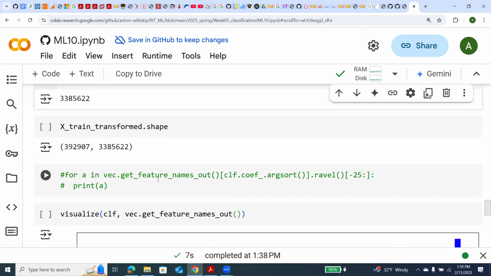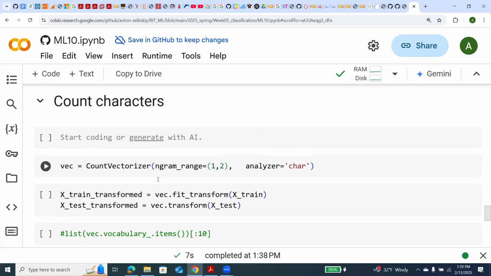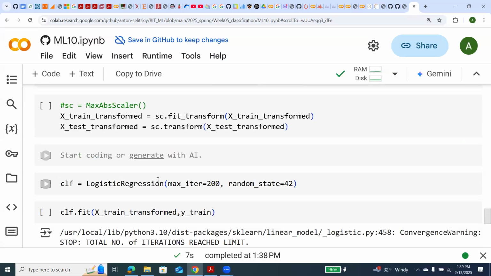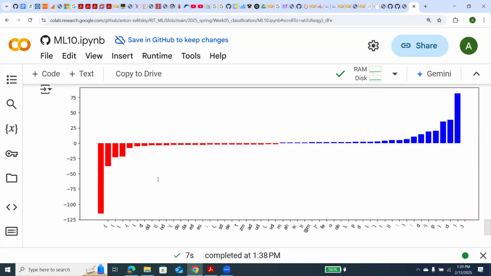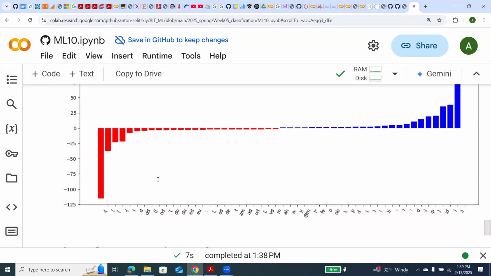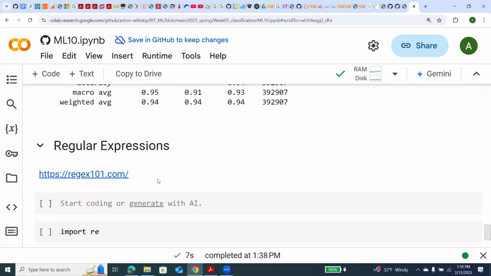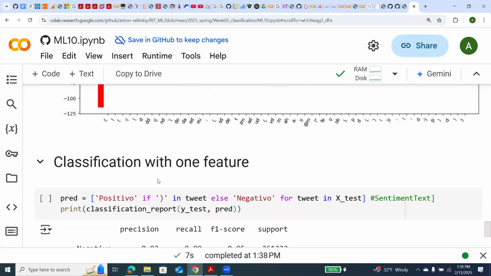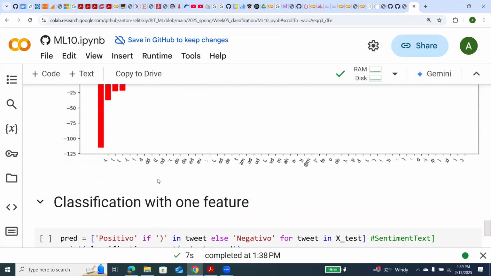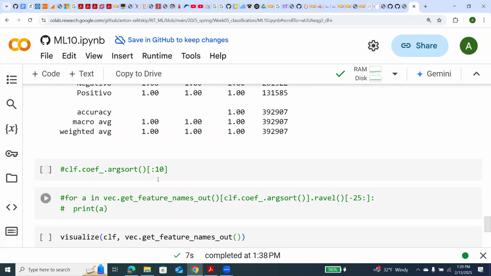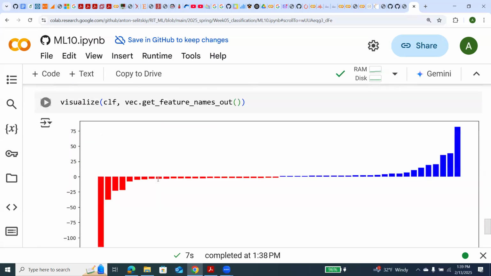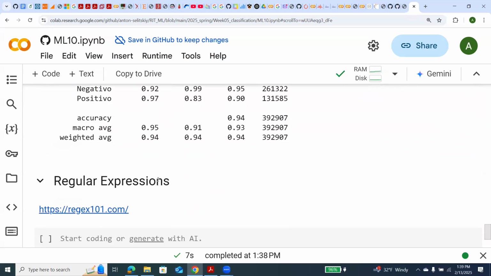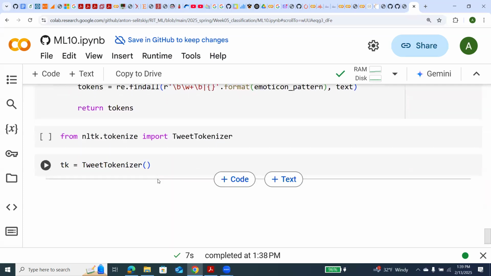And finally, I want to show you what if, yeah, here is an example on 2 grams, or on 1 and 2 grams. And you can see the most important token. So let's see. I should have the code here.